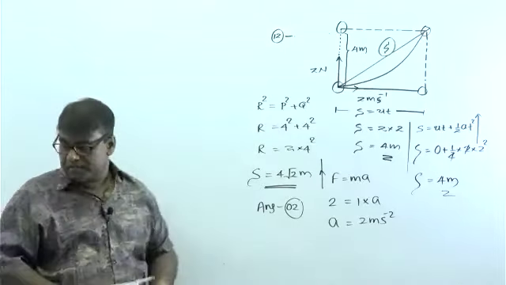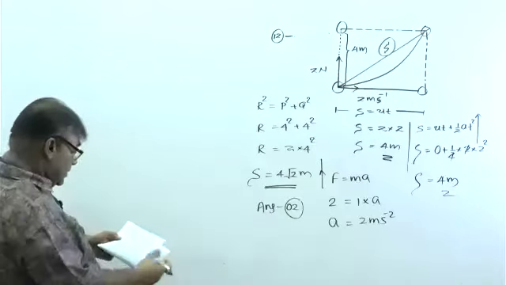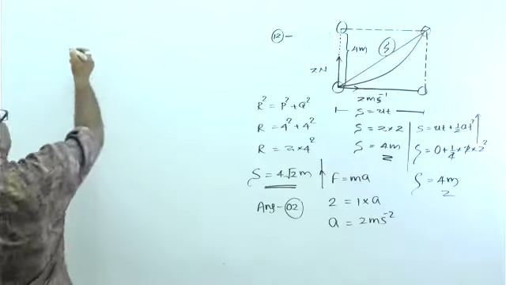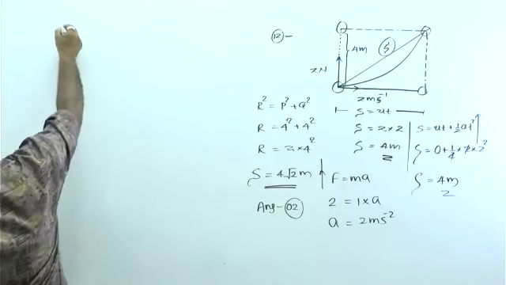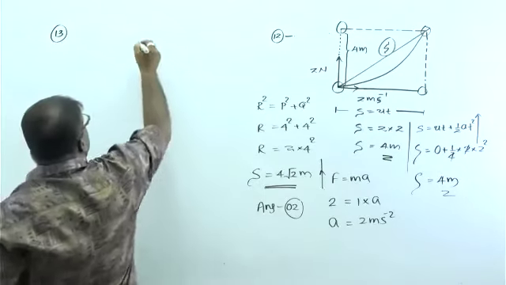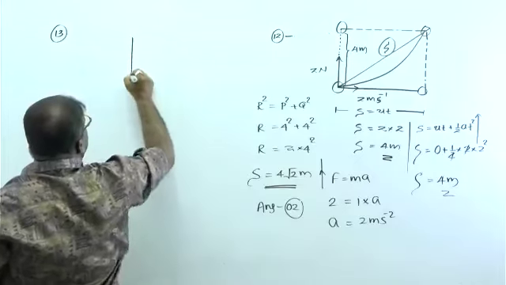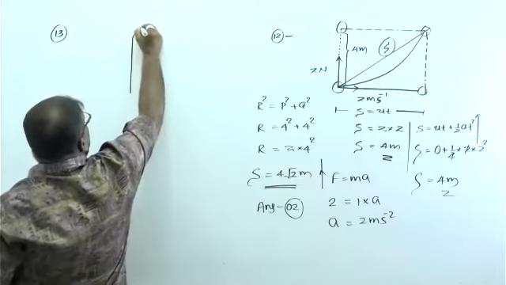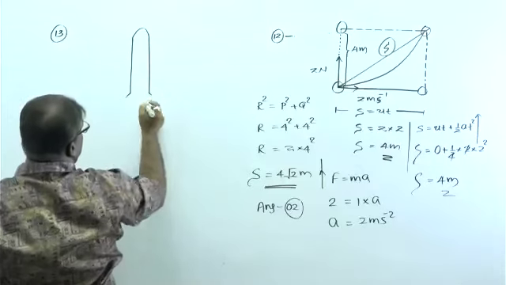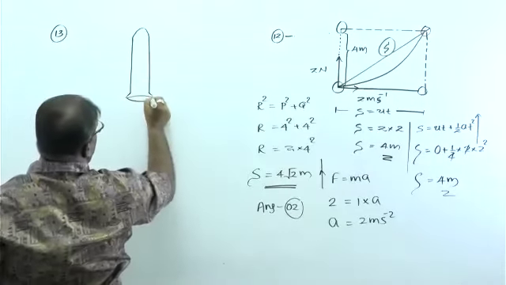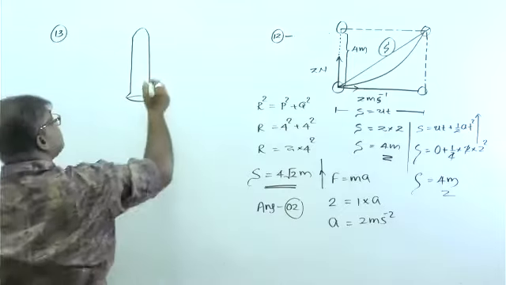Right, number 13. While launching a rocket, like this, it is launching upward.